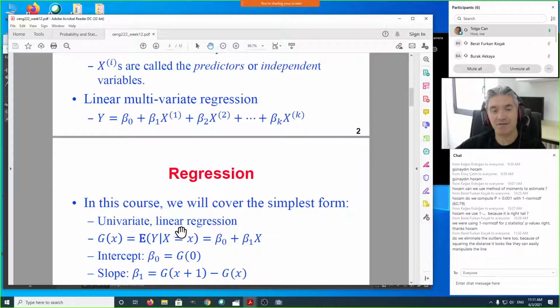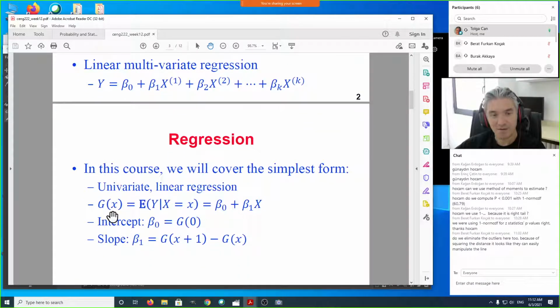Univariate linear regression, in which this function, you can also see as the expected value of y given that x is equal to this value. And it will be a linear function like this: a plus bx. These two constants are called beta 0 and beta 1 in the book.